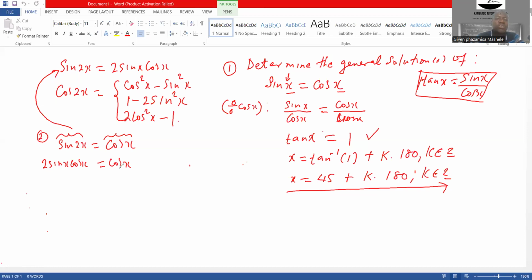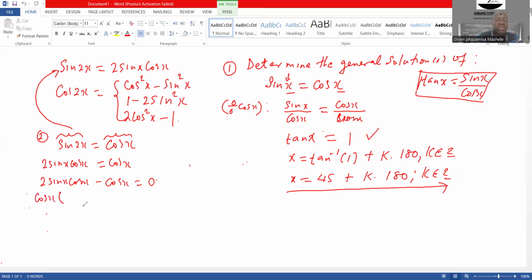So we expanded sine 2x into 2 sine x cos x. Then we transpose the cos x to the left-hand side. So we're going to have 2 sine x cos x minus cos x equals 0. You can see we have a common factor between the two terms, which is cos x.